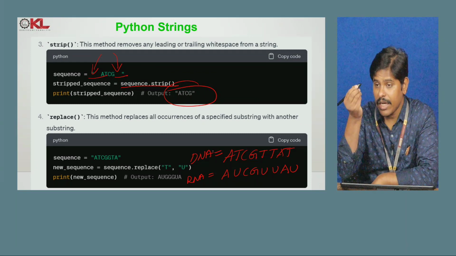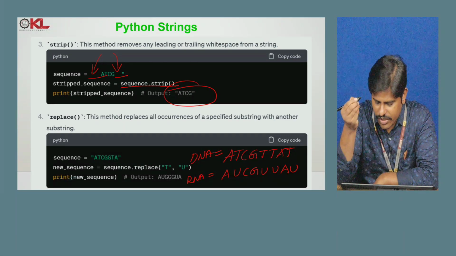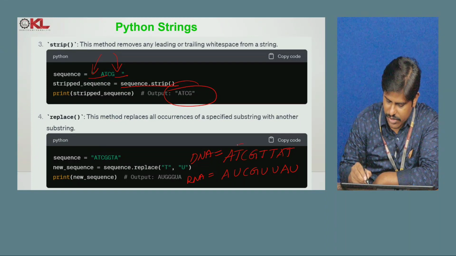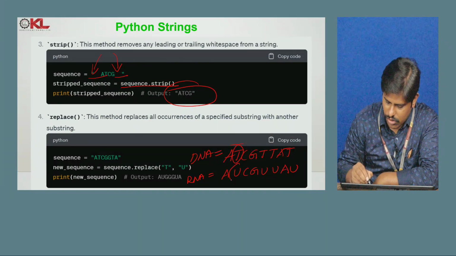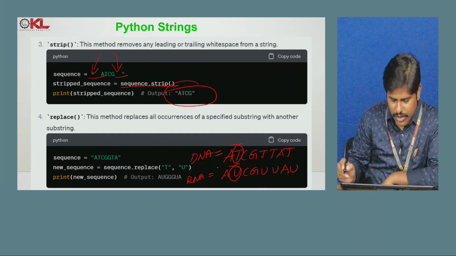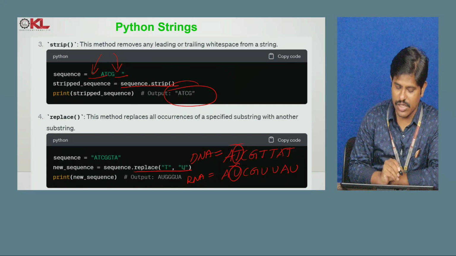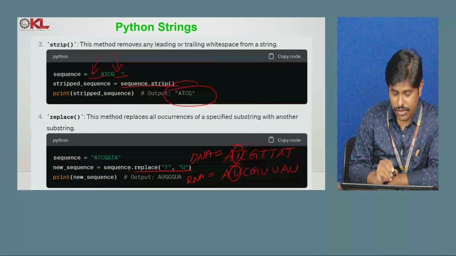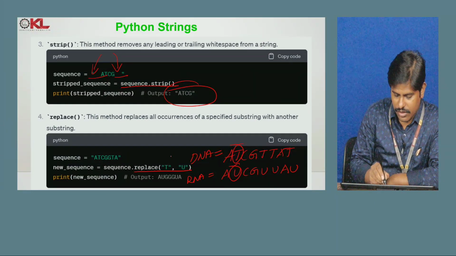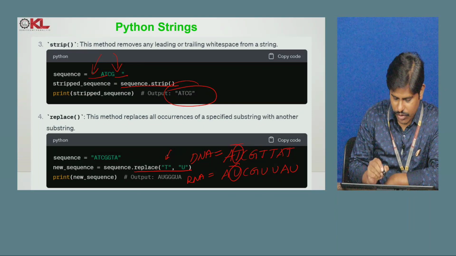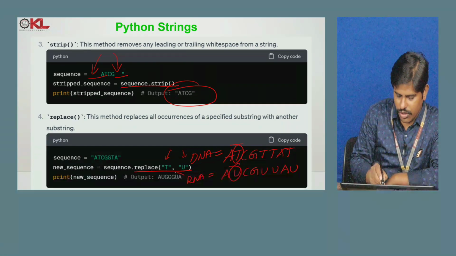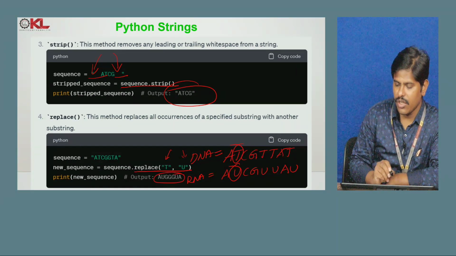So if you are given a task to convert a DNA to an RNA sequence, you simply have to replace T with U. That can be done using the replace method. So sequence equal to ATCGGTA, new sequence equal to sequence dot replace T in quotations, comma, U in quotations, print new sequence. In the output you have AUCGGUA.